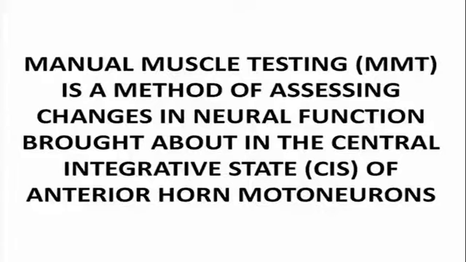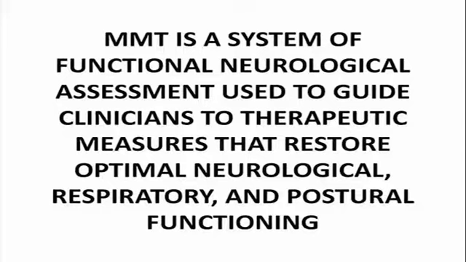Okay, so we're looking to see changes brought about in the central integrative state of anterior horn motor neurons in the brain. It's a system of functional neurologic assessment. It's used to guide clinicians to therapeutic measures that restore optimum neurologic, respiratory, and postural functioning. That's the point. And it can't not be circulatory as well.